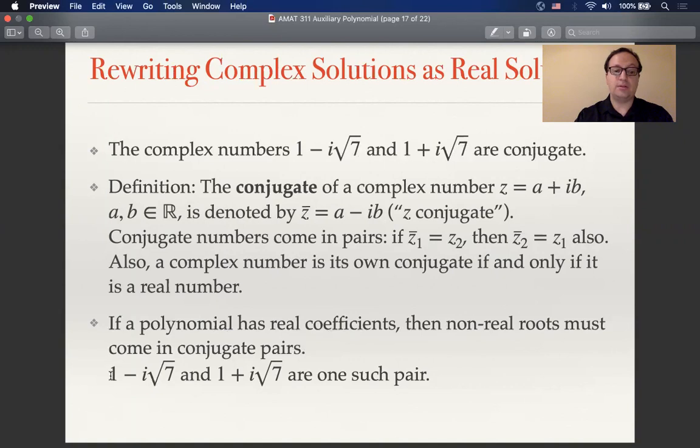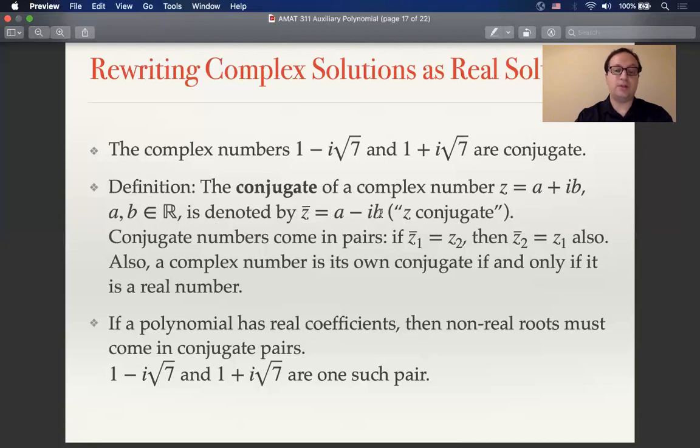So, for example, for us here, 1 minus i square root of 7 and 1 plus i square root of 7 are a pair of conjugate roots. And in general, the conjugate of a complex number a plus ib, where a and b are real numbers, is denoted by z with a bar on top, which is read z conjugate, or z bar, and which is equal to a minus ib.